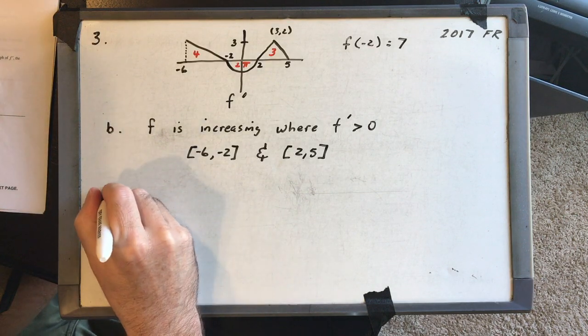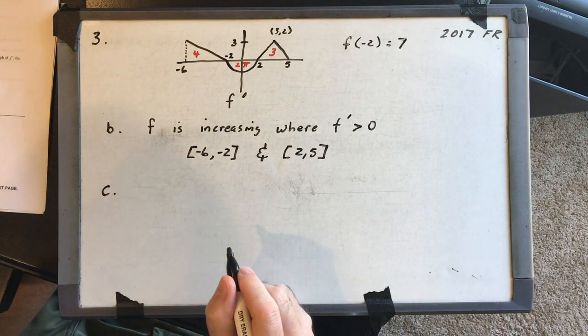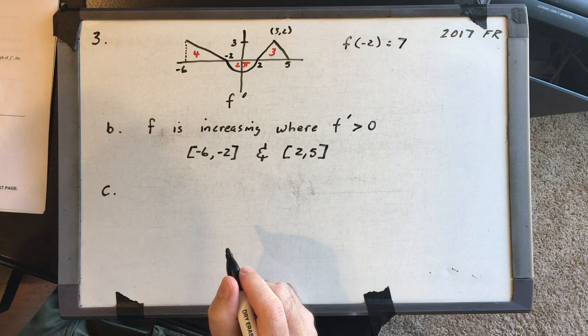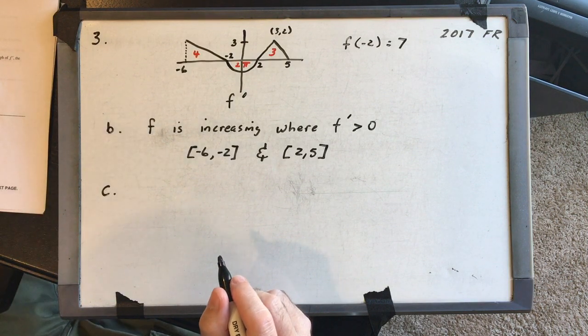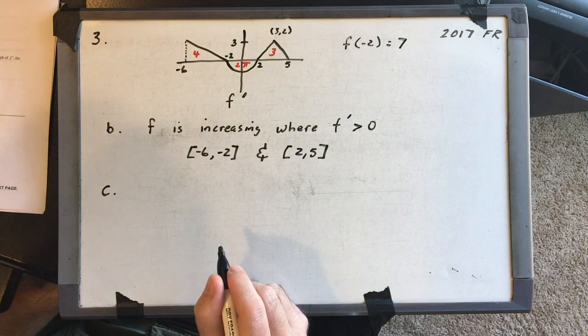Okay, let's see if I can fit part C on here. It says, find the absolute minimum value of f on the closed interval -6 to 5, and justify your answer. The absolute minimum.